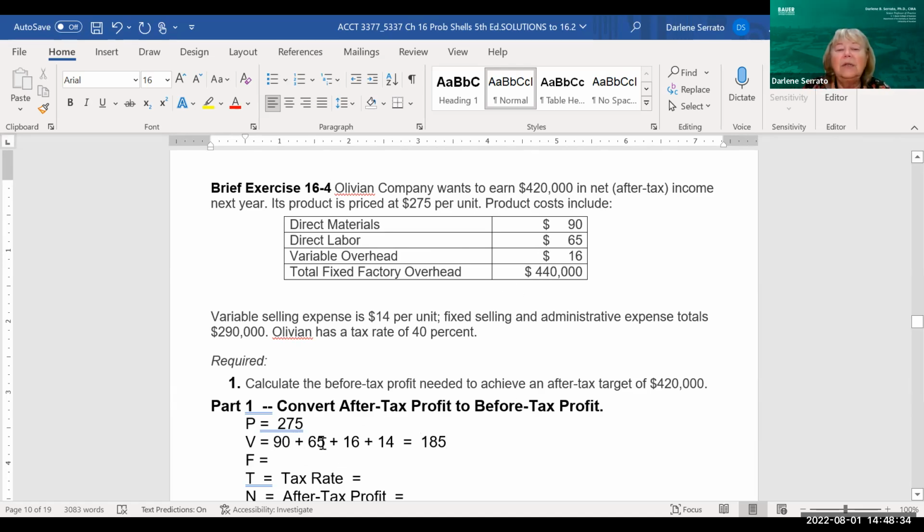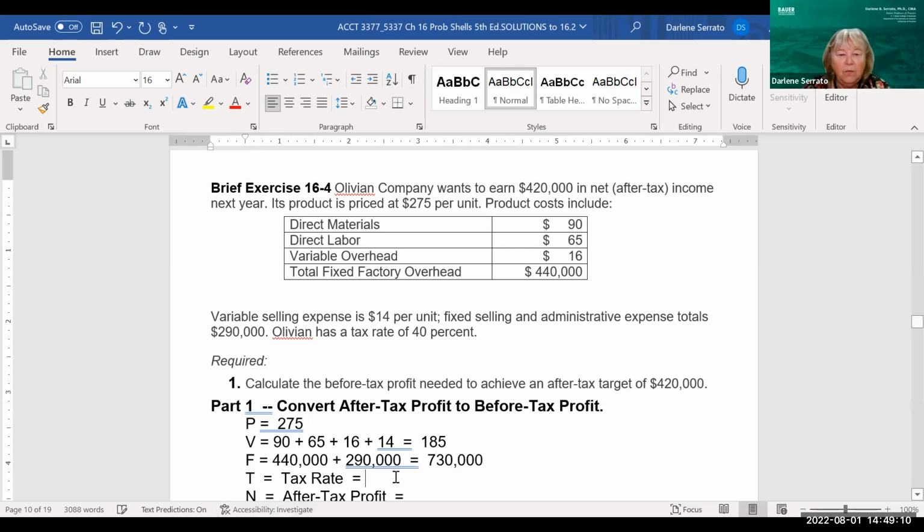A common mistake students make is forgetting that direct materials and direct labor are variable. Then your fixed costs are 440,000 plus fixed selling and admin of 290,000, which gives us 730,000.